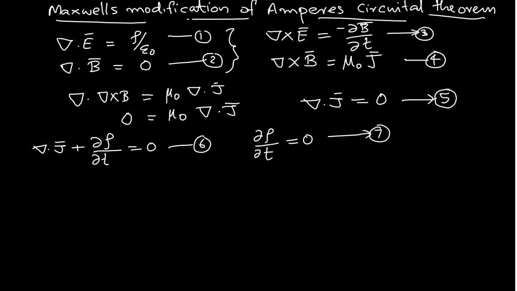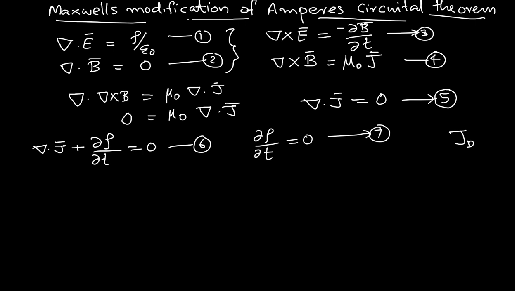Maxwell investigated mathematically how one could alter Ampere's theorem so as to make it consistent with the equation of continuity. Maxwell assumed that the definition of current density J is incomplete and hence something, JD, must be added to it.